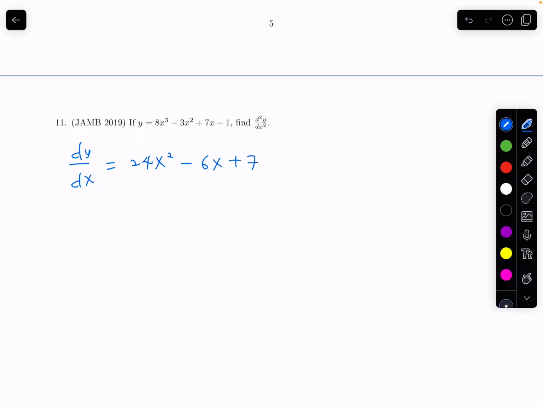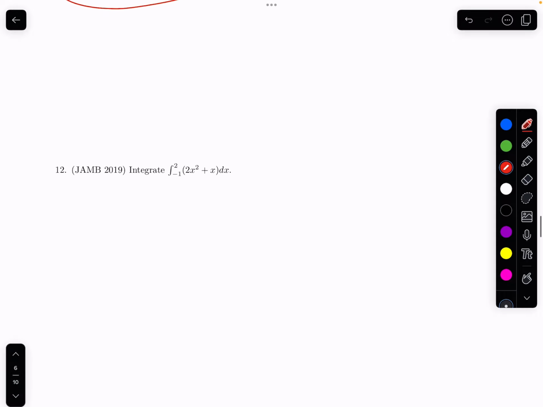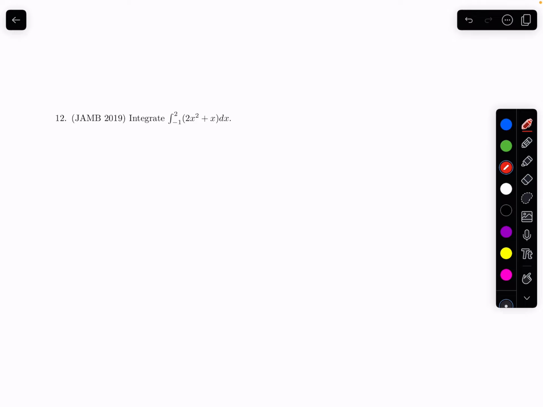And just take the second derivative of this, d squared y/dx squared is going to be 48x minus 6, and that's the solution to that. I hope this helps.